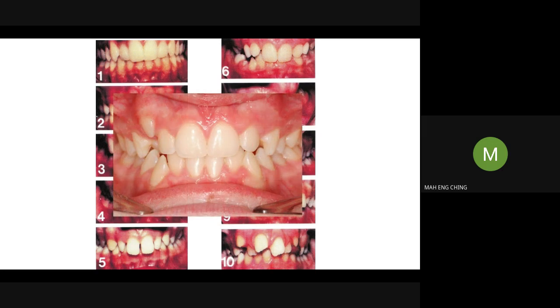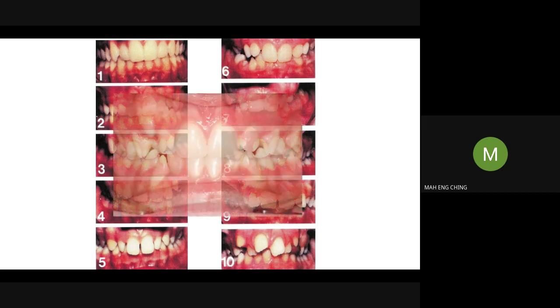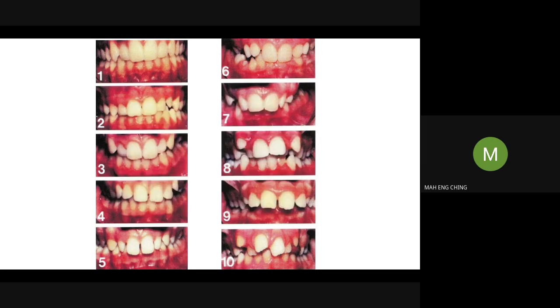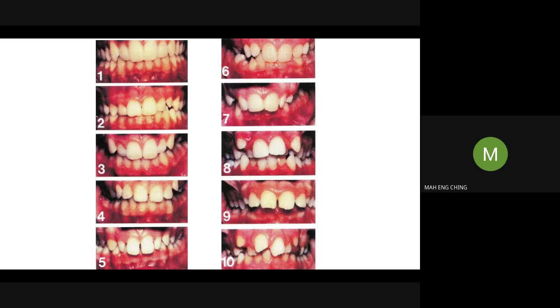Okay, we have 4. Any other answer? According to your first impression or first glance, what score do you think this patient will get? So we have 4. What about others?